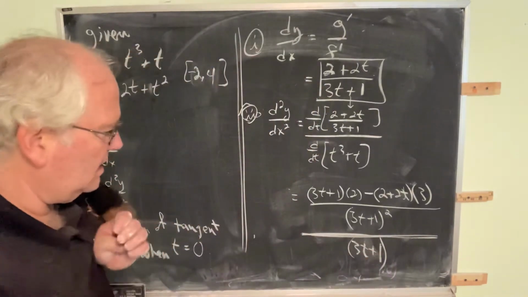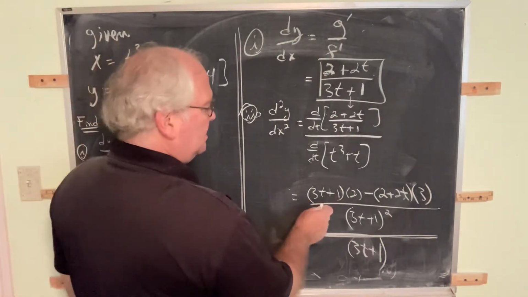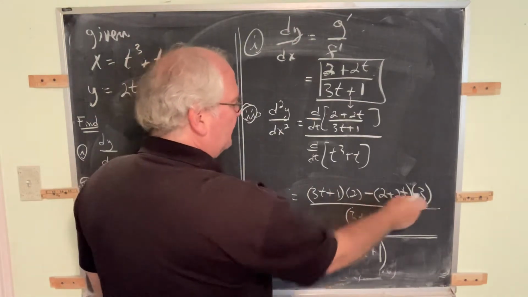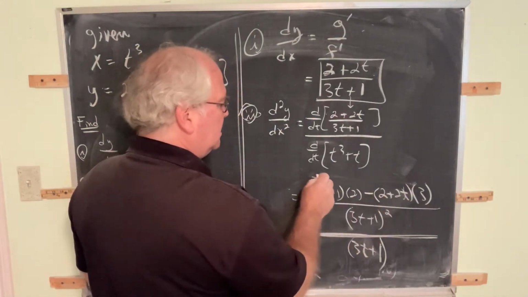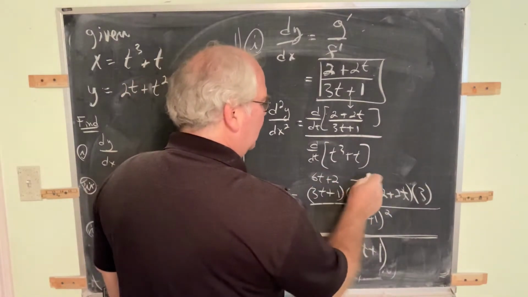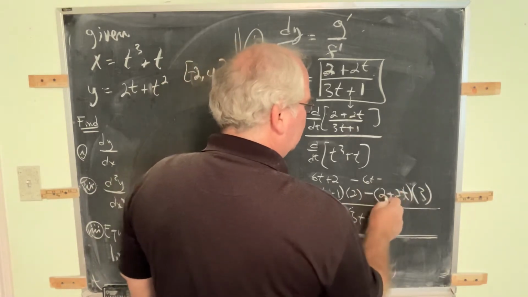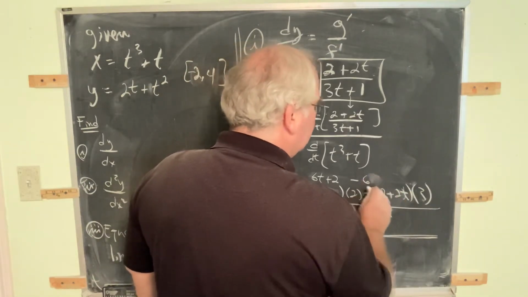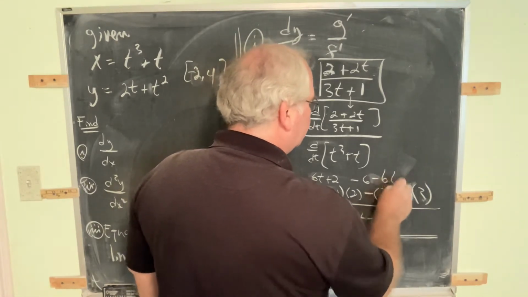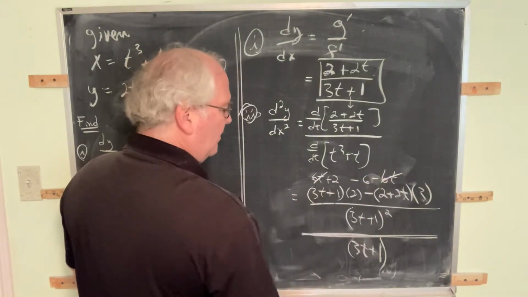If all you're asked to do is find that, there it is. But I think we can simplify this. I'm going to do some quick and dirty simplifying here. Distribute the 2, distribute the -3. This gives us 6t plus 2, and this gives us -6 minus 6t. So the 6t's cancel, and that's -4.